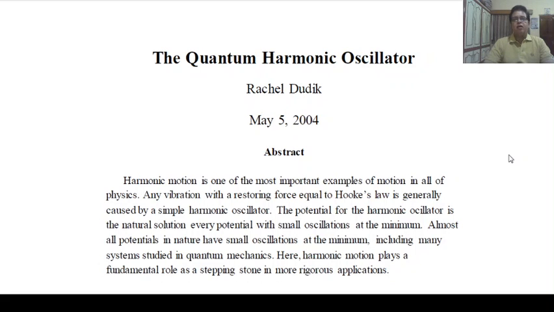This is a very good article written by Rachel Dudick, Solution of harmonic oscillator using Schrodinger equation. The solutions are given in your book. Some notations may be different, but most things are similar.